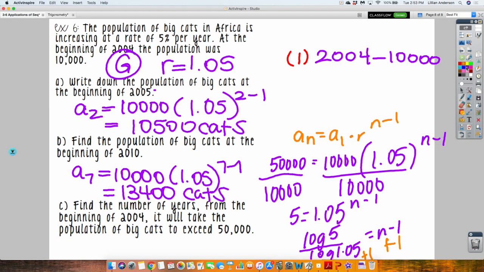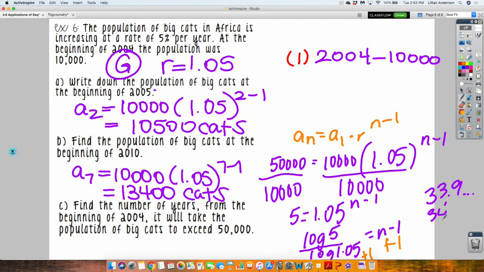And considering that I'm talking about the number of years, how should I round? I'm not considering my decimals. I've got to talk about years here. So I need whole years. Okay? What is the decimal that you get?